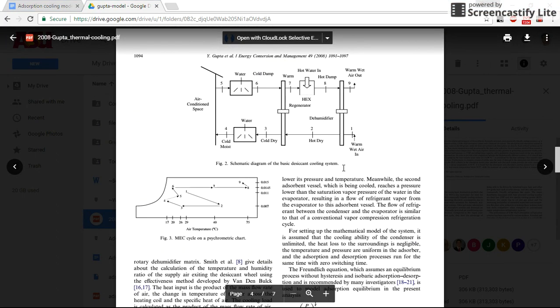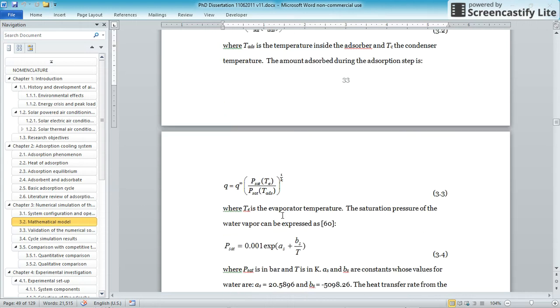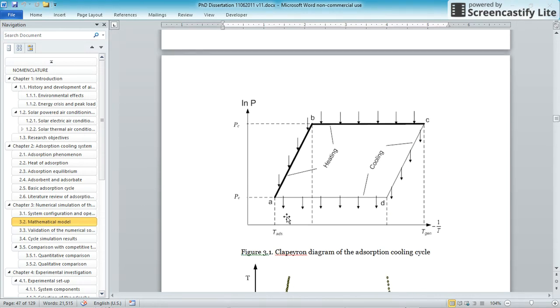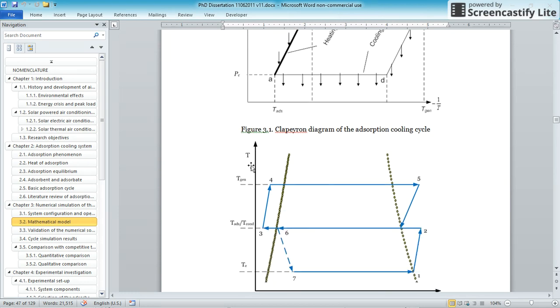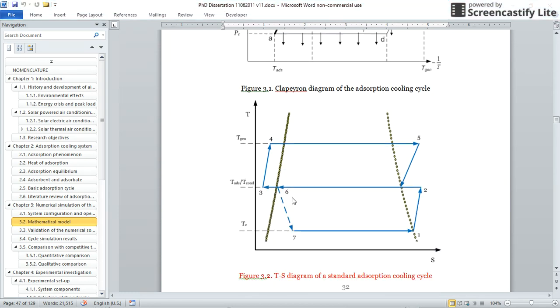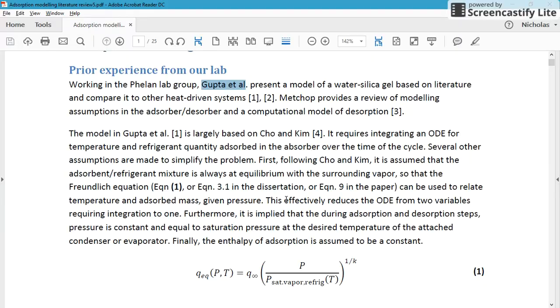The dissertation has a little chart that kind of describes what that process might be like in terms of going from one pressure to another pressure, so the high pressure for desorption, low pressure for adsorption. So this is basically a pump. You're taking the fluid from one pressure to another by using a temperature swing. So that's kind of the basics of the model.